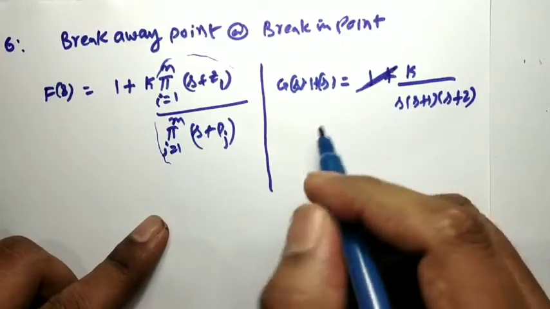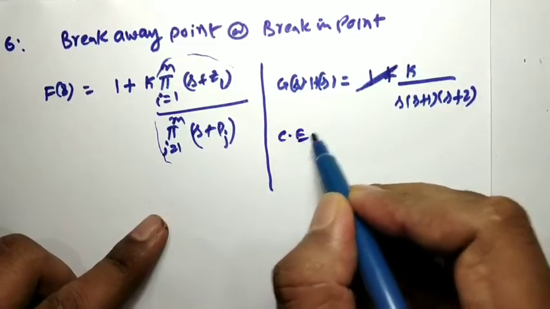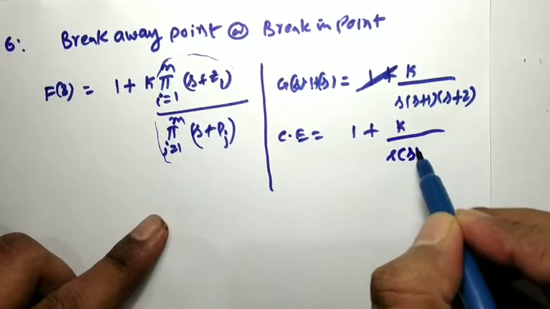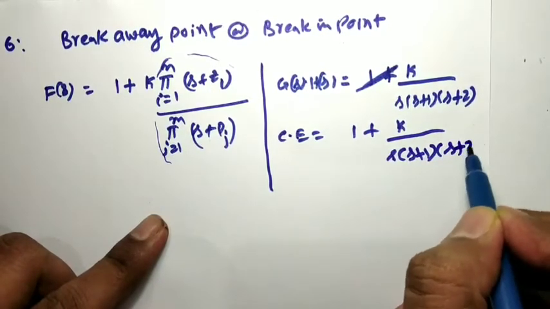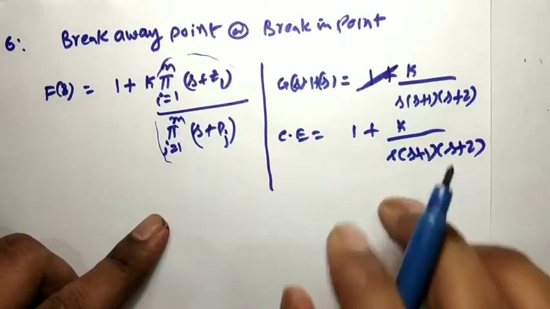So your closed loop characteristic equation is 1 plus K by s into s plus 1 into s plus 2. Right, so you have to find the characteristic equation.